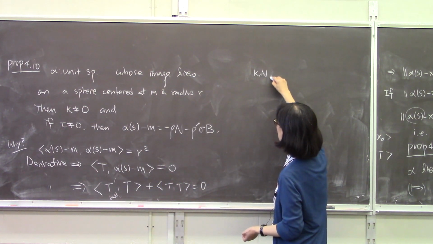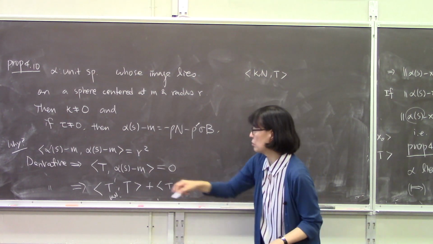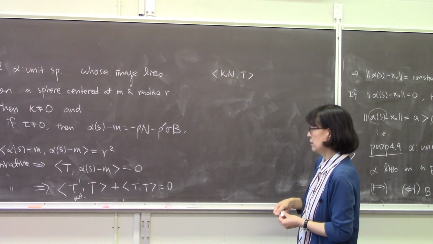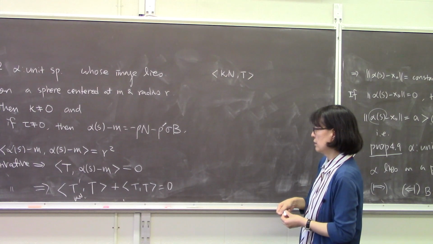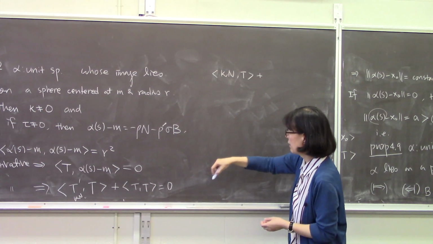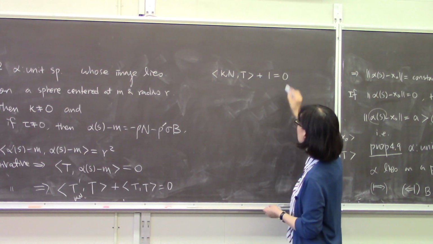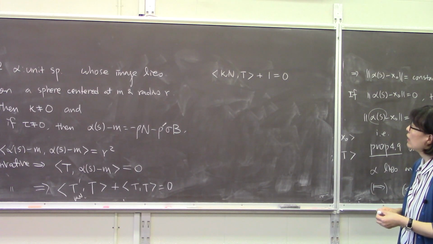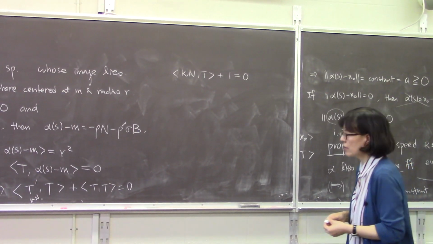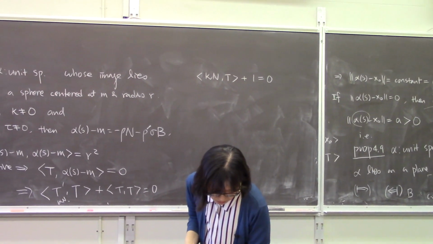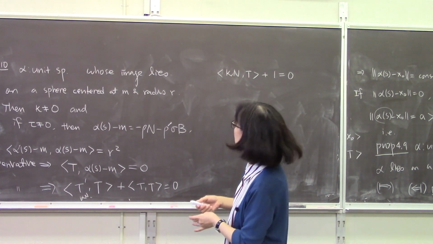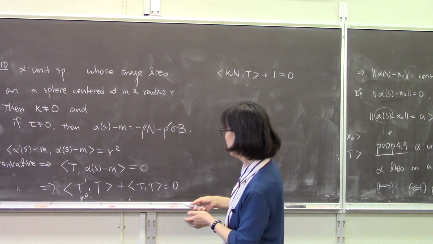So this is curvature n dot alpha minus m, plus 1 equals 0. That is something wrong. That's n, t prime. Did I do wrong? Oh, no, I did wrong here.